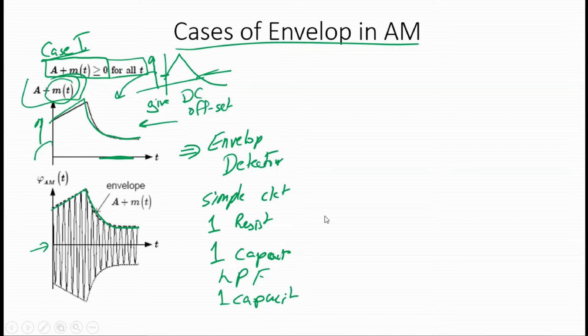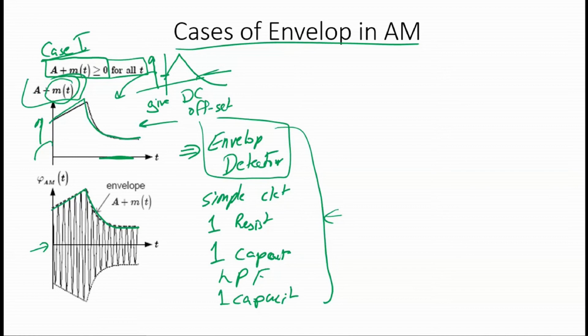So basically two capacitors, one resistor, and a low pass filter. This is all that you need, and this is all that is available in the vehicles or in the radio devices that you have. So the envelope detector is a very simple, inexpensive circuit, and we can demodulate the AM signal based on that.